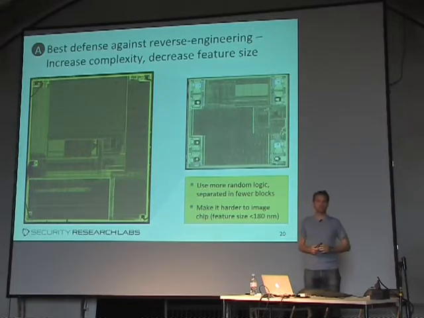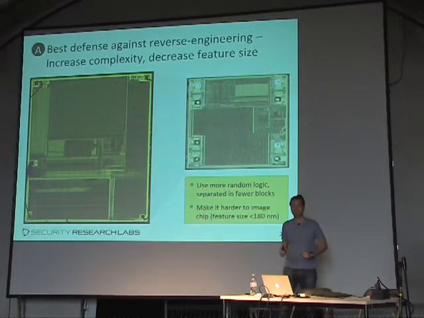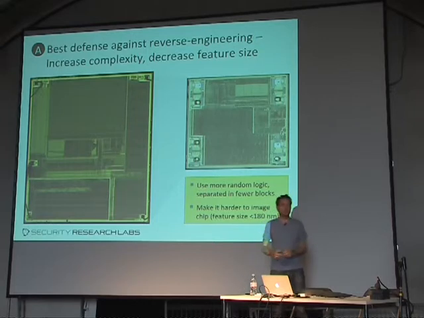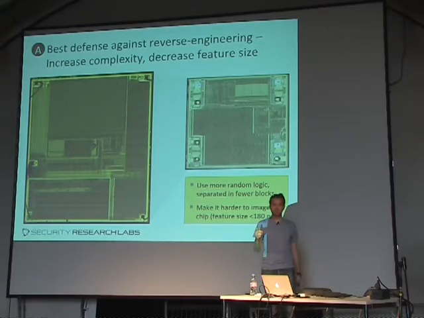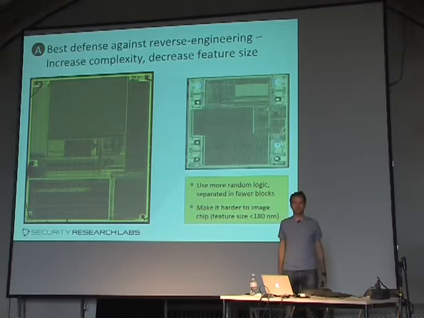Simple step, and one that's already been taken, not for security considerations, but mostly for cost pressure on these cards. Make them harder to analyze by scaling them down, like go below 180 nanometers, so people need much more expensive microscopes, but also put more stuff onto the chip.